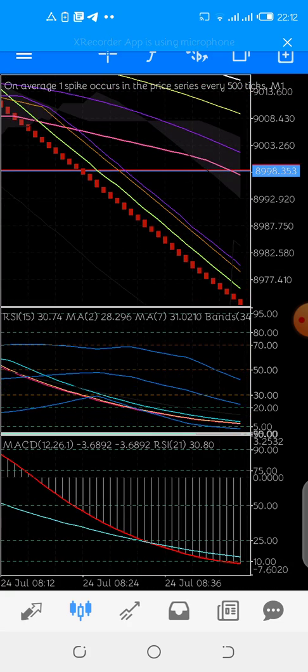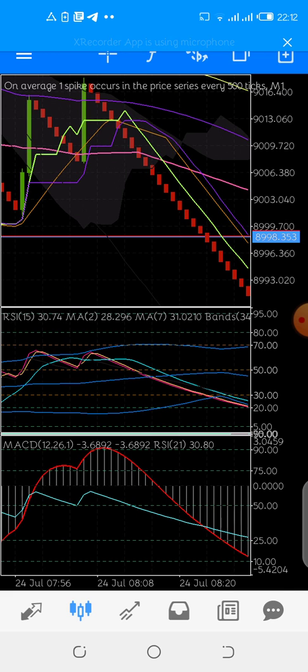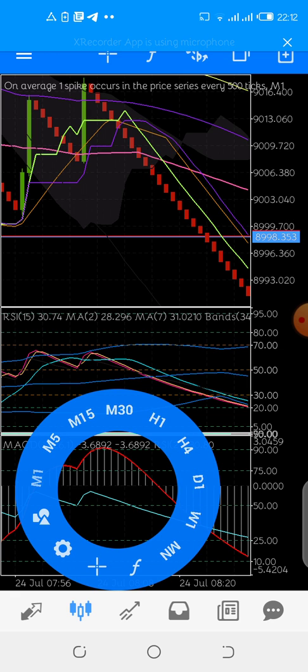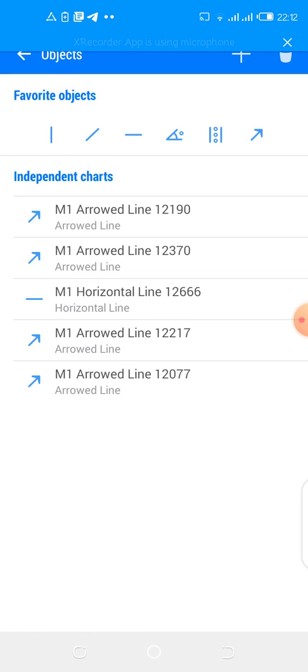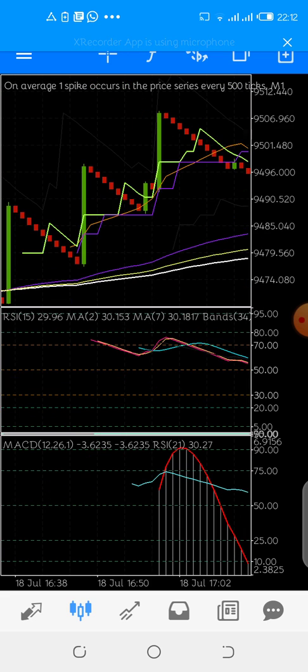This is what I was talking about. This is a very good example. Okay, so let's come. You see in this area here, our MACD is going to touch level 10. Let me bring an arrow. Our MACD is going to reach level 10, but still at the same time, our RSI is already at the oversold level.